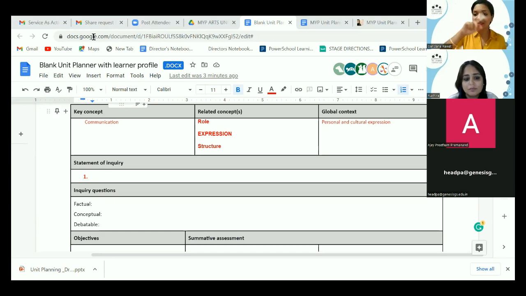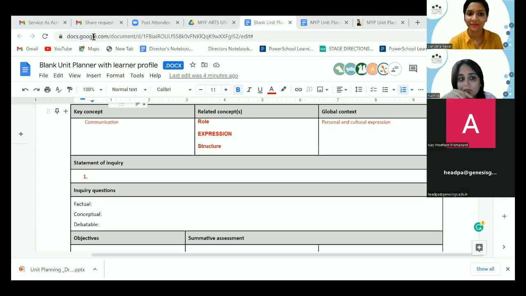So in just one exercise, we are giving them all the key concepts and all the related concepts to brainstorm and come up with a beautiful unit planner. Do you think it's a good idea to introduce them to all? Yes, they are introduced to all of them so that they are able to make informed decisions. I also think it's good for them to know what the related concepts mean as the unit progresses.